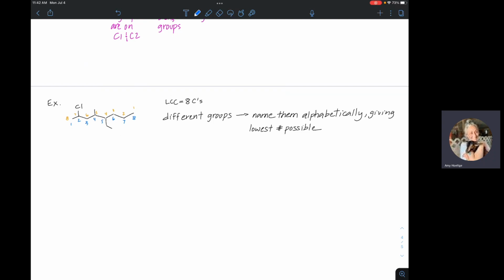We have an ethyl group on the 5th carbon, and we have a methyl group on the 4th carbon. So I see that. So I've got a chloro group here. If I'm counting from left to right, it would be on carbon 2. I have a methyl group, and then I have an ethyl group.